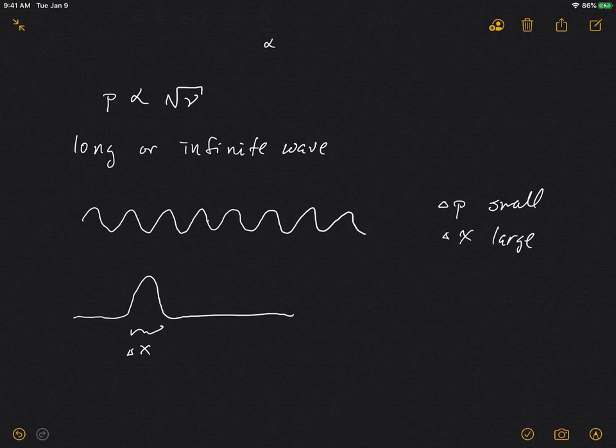We can either monitor how the field amplitude changes with time at a fixed point in space, or we can take a snapshot of the wave at some particular moment in time and look at how it varies over space. And so in this case, we're doing that with this short pulse along the x-axis.